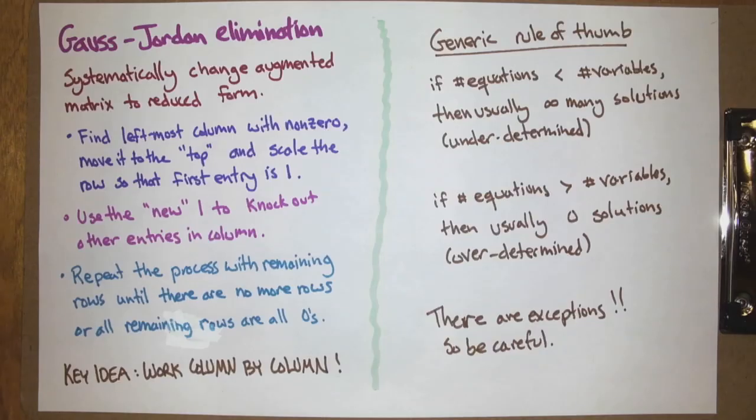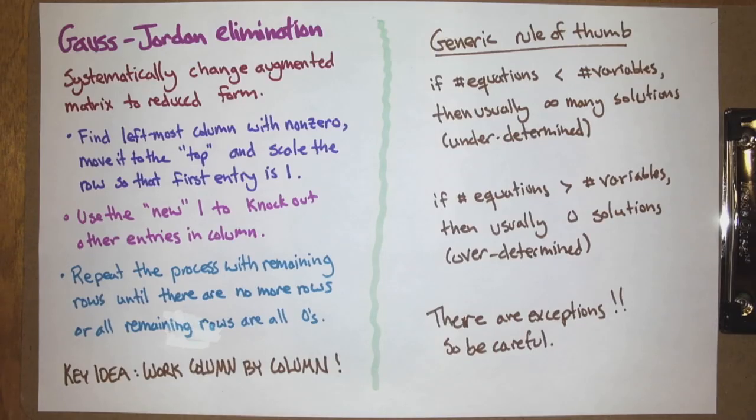Well, channel your inner Lord of the Rings character. Column, column, right? You work column by column. And so you say, let me just scan. Let me look for my first column with a non-zero entry that I haven't done anything to yet. Okay, so you scan, you find your first column with a non-zero entry, say, beautiful.